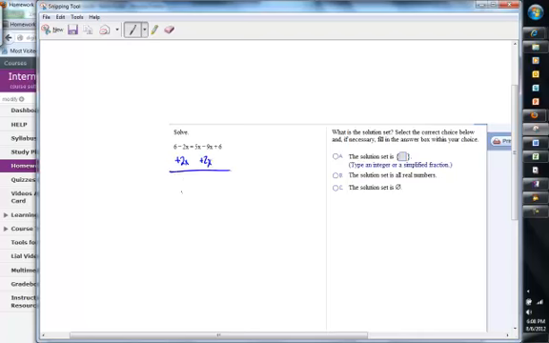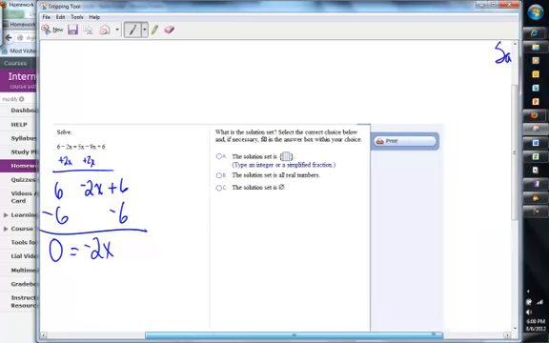Now over on the left side, we will just have a 6. On the right side, we'll have 5x's minus 9x's is negative 4x's, plus 2x's is negative 2x, plus 6. Subtract 6 from each side, and we get negative 2x is 0.